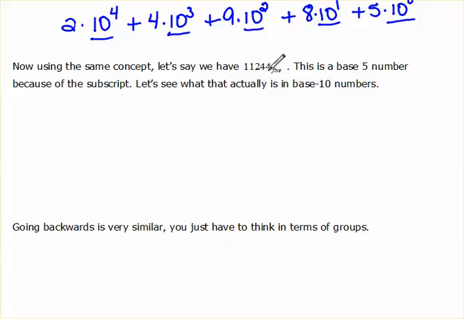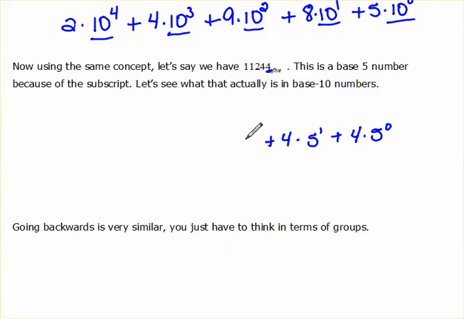So taking that same exact concept, we would start with the first position is 4, and that would be 5 to the 0 because it's a base 5 system this time instead of a base 10. So plus, now our next one is going to be multiplied times 5 to the first, and there's a 4 in that position.